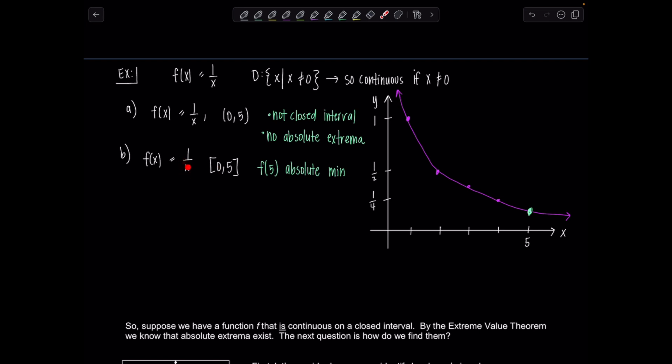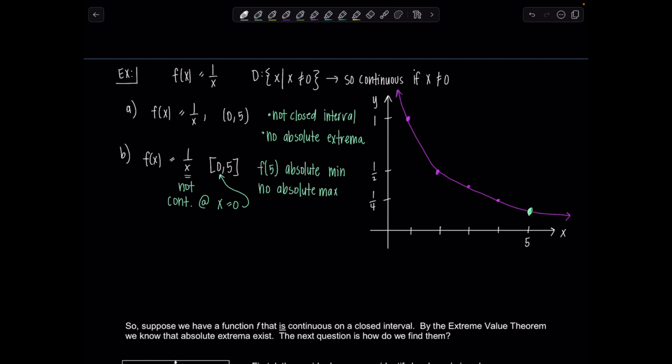Well, no, f of 0 is undefined. Remember, we have a vertical asymptote here. So there's no absolute max. Are we surprised? No, we violated one of the conditions of the extreme value theorem because this function is not continuous at x equals 0, and x equals 0 is part of the interval. So I'm not surprised there.